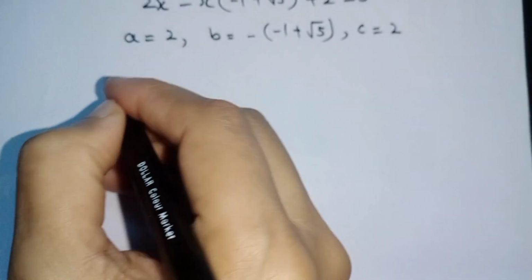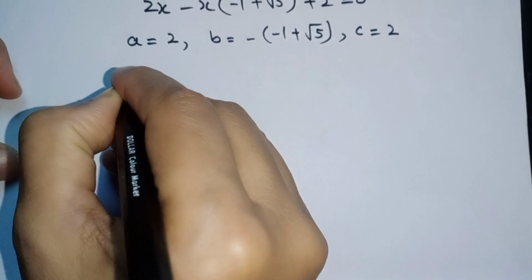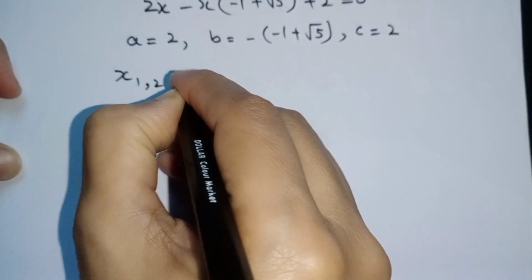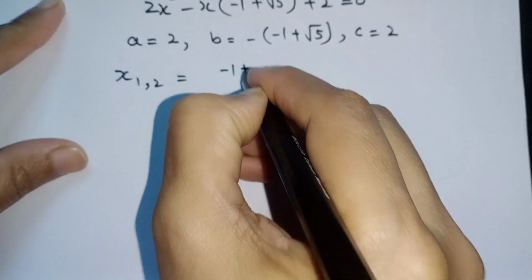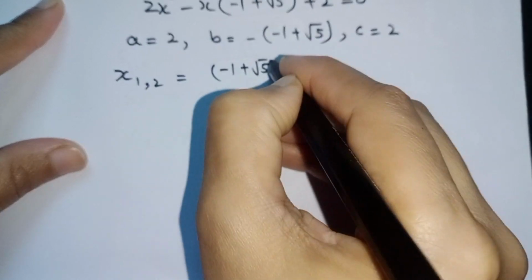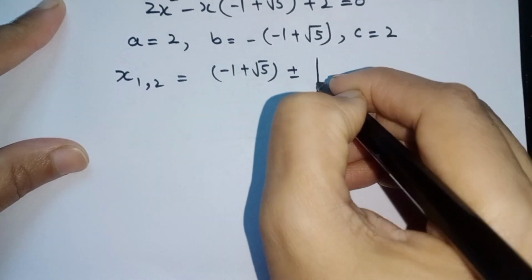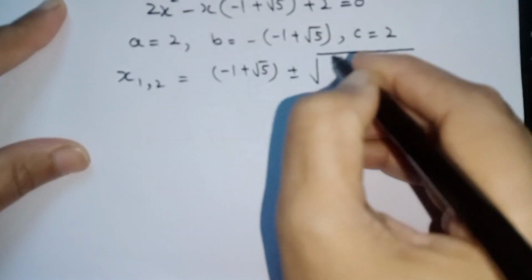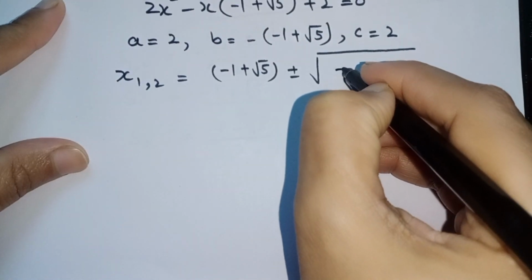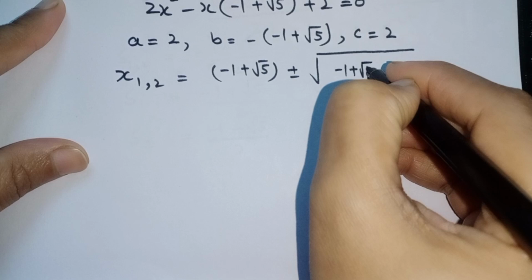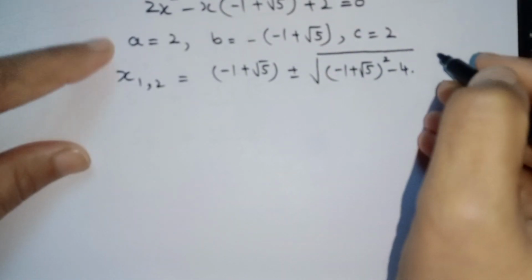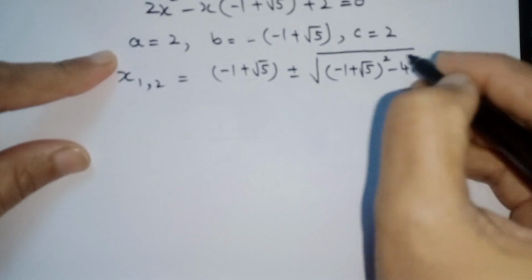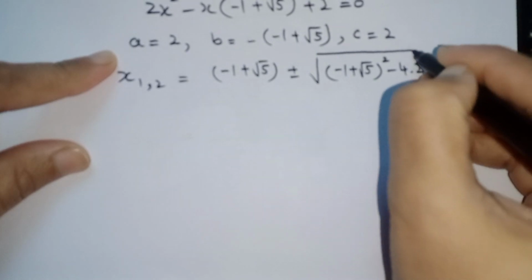So here we have x1 and x2 is equal to, our b is minus 1 plus square root 5 plus or minus, we will write b square, that is minus 1 plus square root 5 whole square minus 4, and our a is 2 and c is also 2.